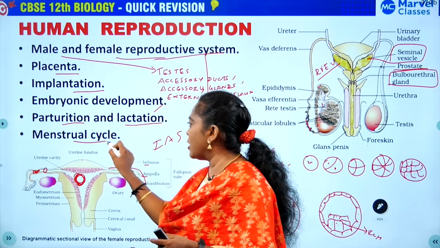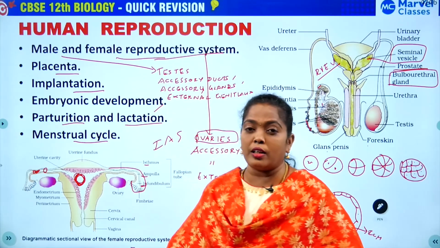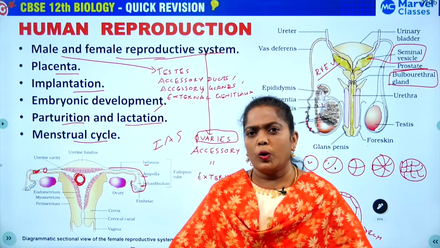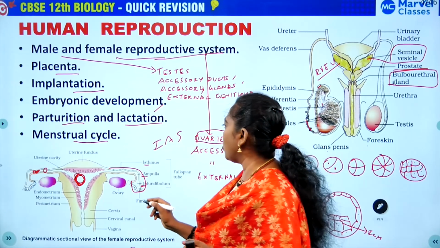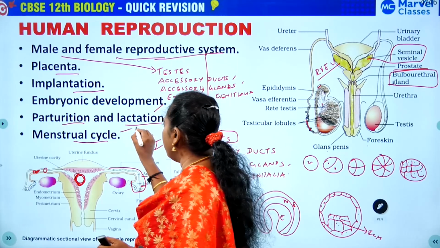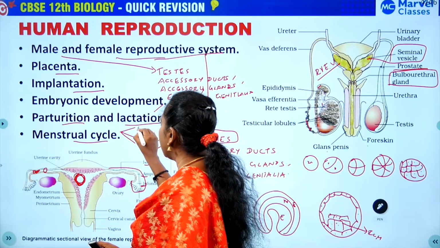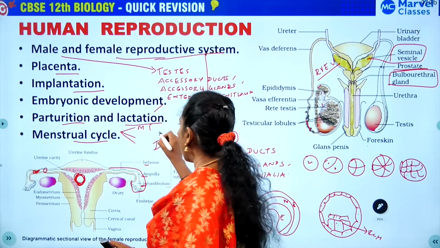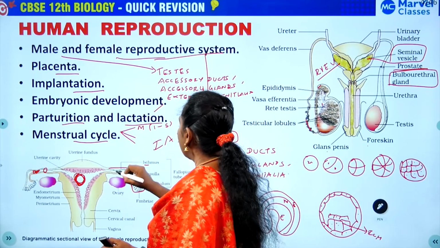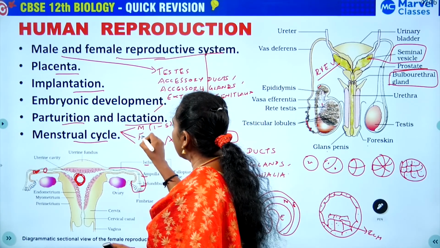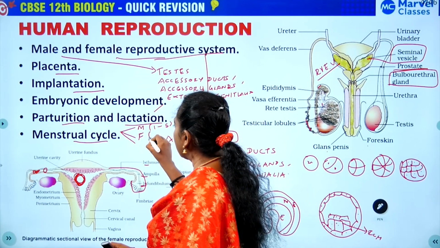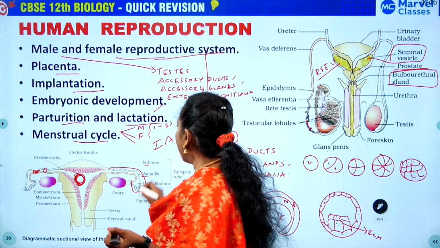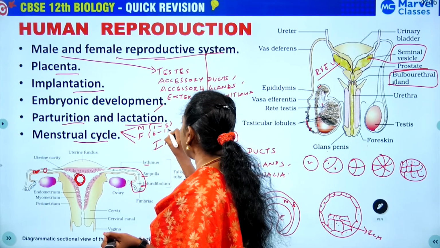Then the menstrual cycle is again another important question; sometimes you might get this in a case study also. Here you should mention the 4 phases. The first phase is the menstrual phase, from 1 to 5 days. Then the next phase is the follicular phase, in which the follicles start to grow, from the 6th to 13th day.